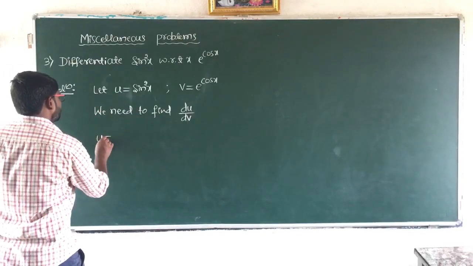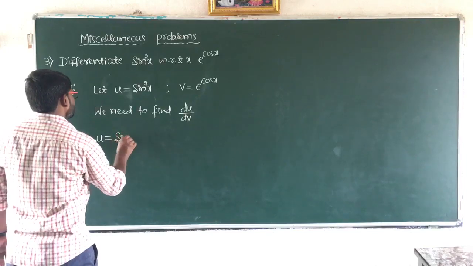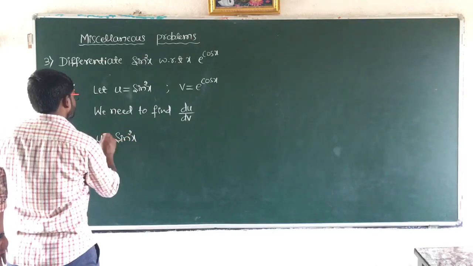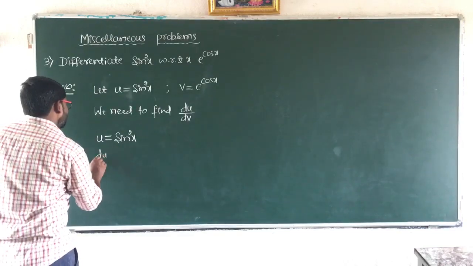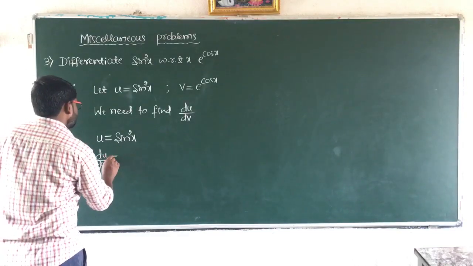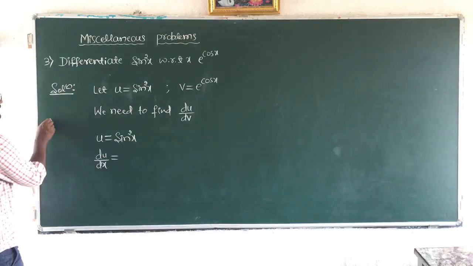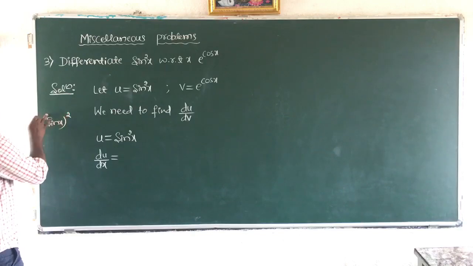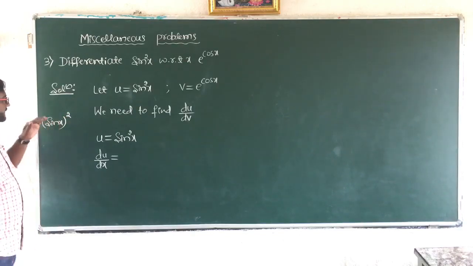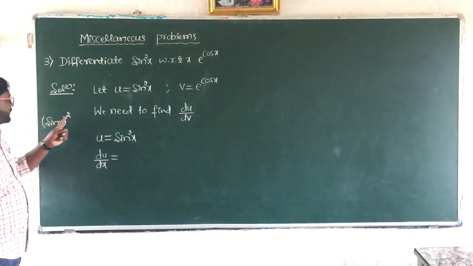So now see here, I will go for u which is equal to sin square x. Differentiate both the sides with respect to x. We get du by dx, which is equal to, it is in the form of sin x the whole square. Sin square x is nothing but sin x the whole square. So consider this as x now. It is in the form of x to the power n.